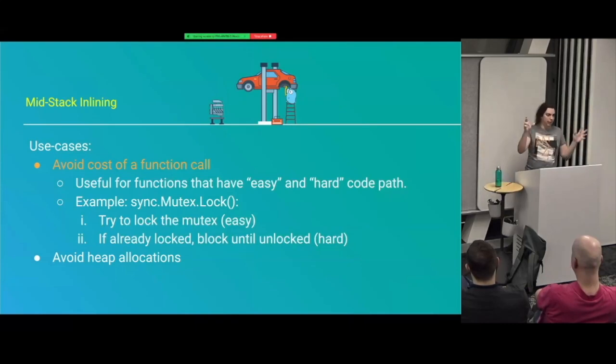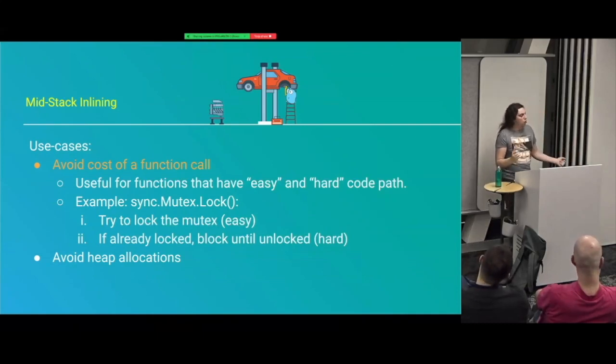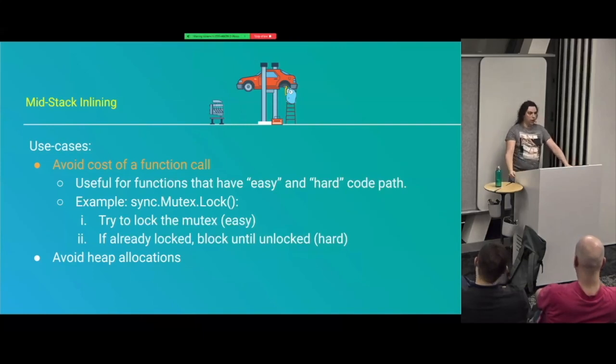In the mutex, when we lock the mutex and it's unlocked, we just say, now it's locked, and we are done. When we reach a mutex that is actually locked, we have to block the routine. We have to enqueue it somewhere so that it's woken up when the routine that holds the mutex actually unlocks it, and so on. So this is quite a complex operation compared to simply locking the mutex.